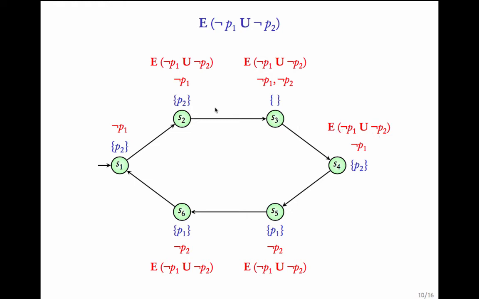Similarly, the predecessor of S3 also satisfies not P1, so it should also be marked with E of not P1 until not P2. Now look at the newly labeled states, this one and this one. The predecessor of this satisfies not P1, so this has to be marked with E of not P1 until not P2. Now there are no more states left to be marked, so the algorithm will terminate.